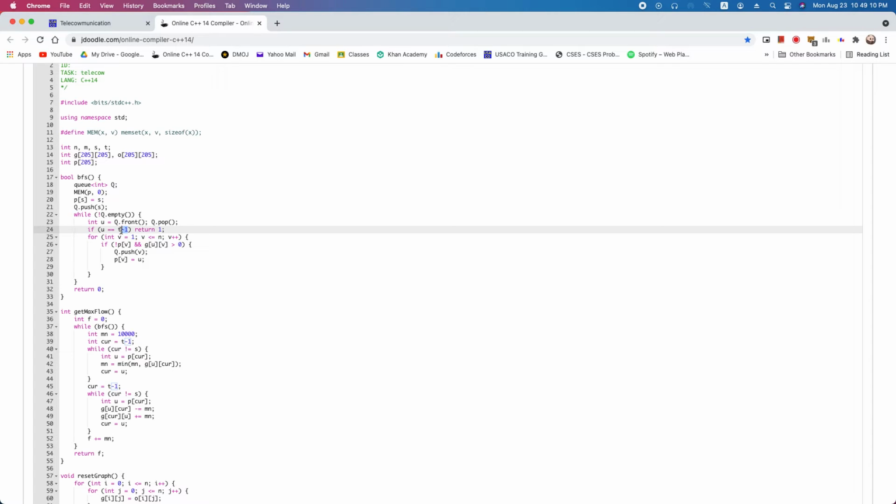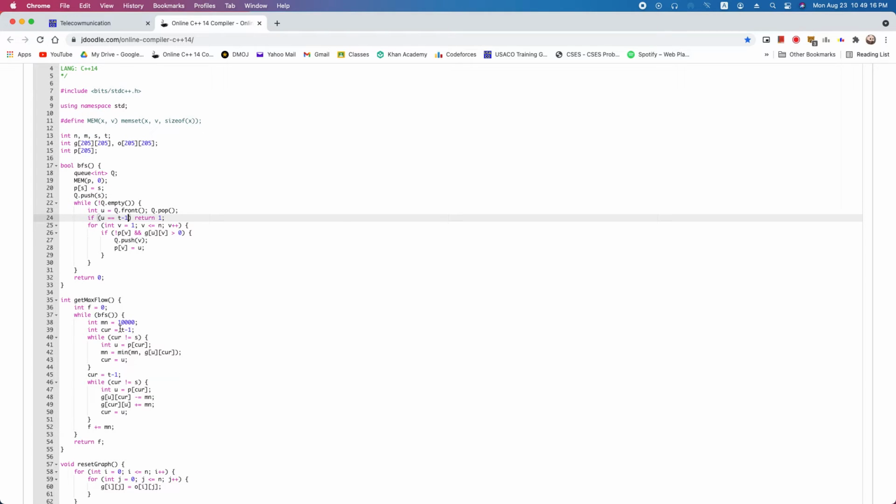reach t if we check for u is equal to t instead. But if we check that, that means it will also include that extra edge that we added from this t minus 1 to t, and that is from the receiver node to the sending node.